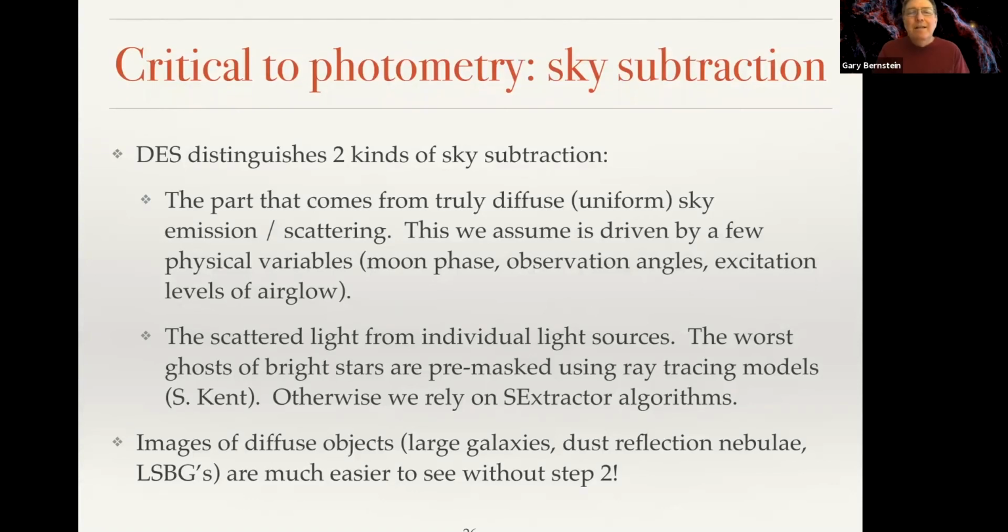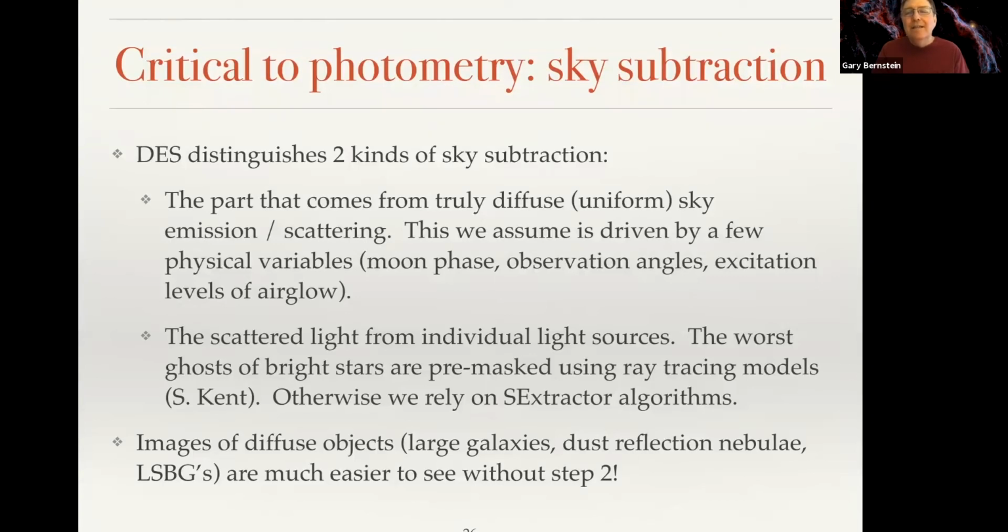So we did come up with a new-ish algorithm for subtracting sky, and here we are distinguishing two kinds of sky. There's a sky background that you would get from a truly uniform sky. You know, the emission and scattering from the atmosphere is pretty uniform. Zodiacal light is pretty uniform.